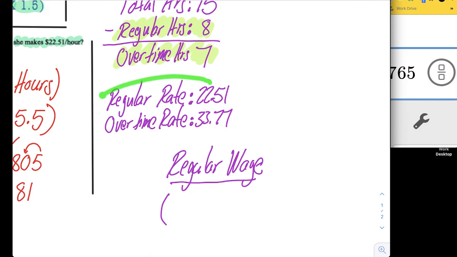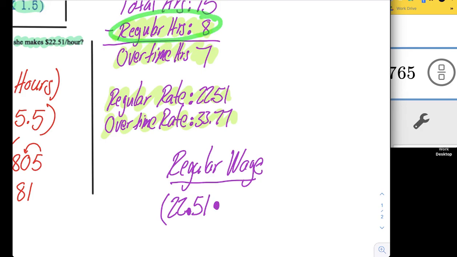Her regular rate was $22.51 times her regular hours, which are 8.